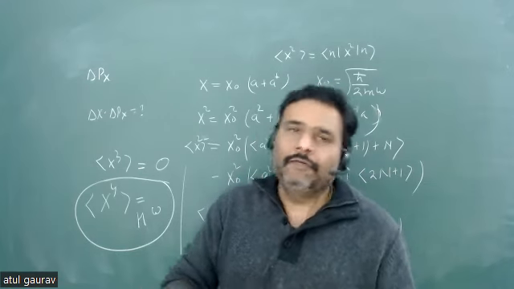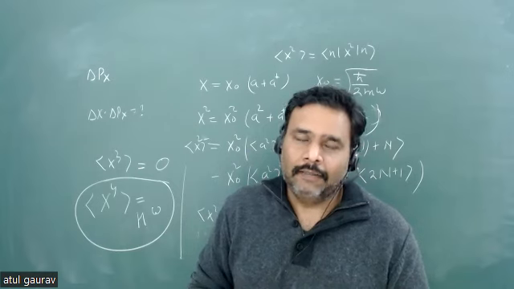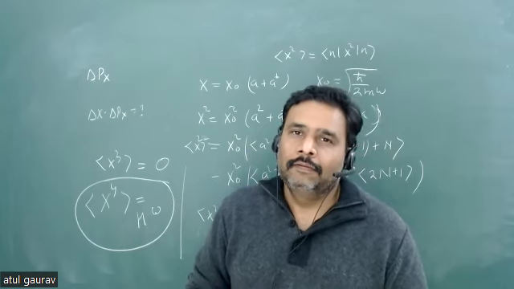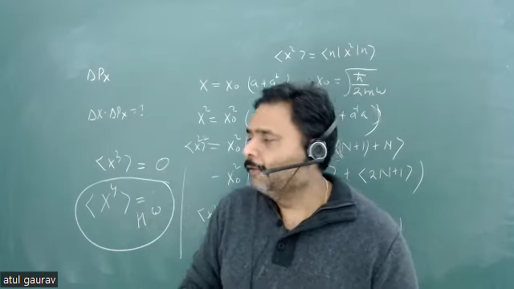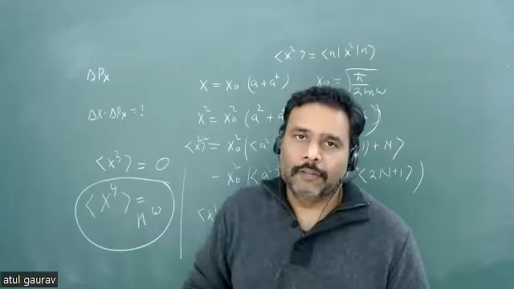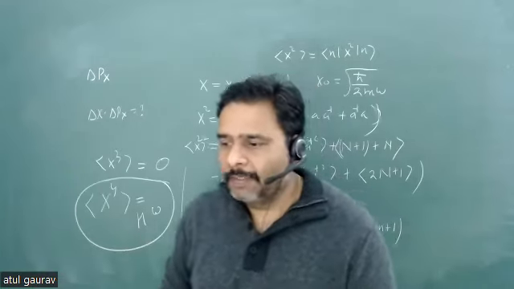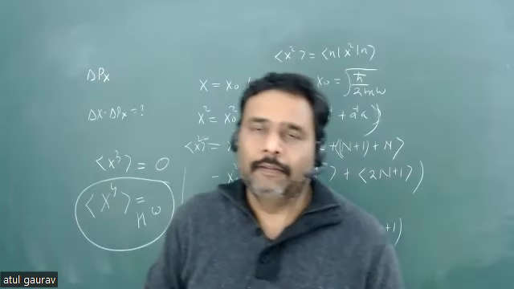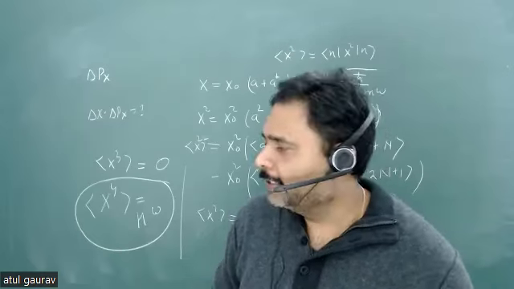You can easily solve everything in abstract form. There is no need for integration. It is a very efficient way to calculate quantum mechanical quantities, mainly for the harmonic oscillator. After that, we will use this trick for angular momentum algebra as well as spin, and that will be very efficient.